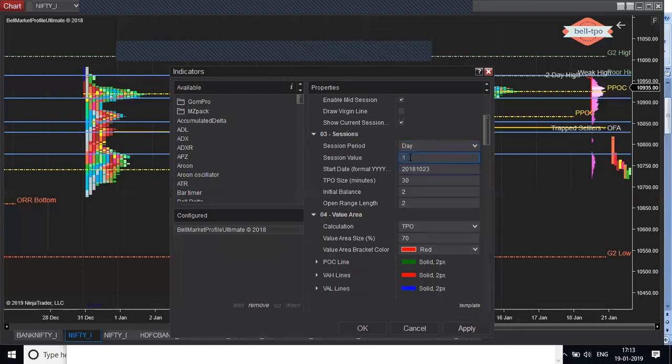Or if you have minutes, how many minutes once you want a profile. So every 210 minutes you plot a profile. Or let's say, not every 30 minutes, but every 15 minutes you get a letter. In that case, you will be getting A to L if you are separating into 2 sessions.